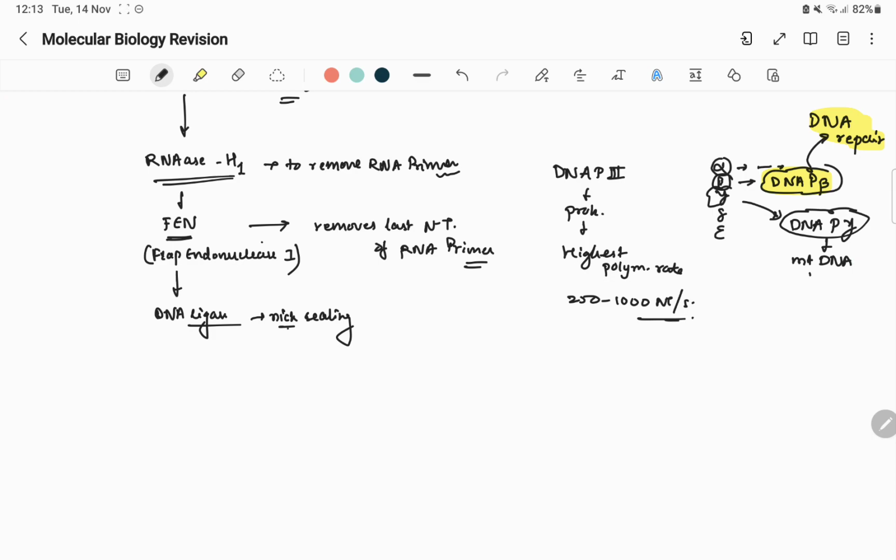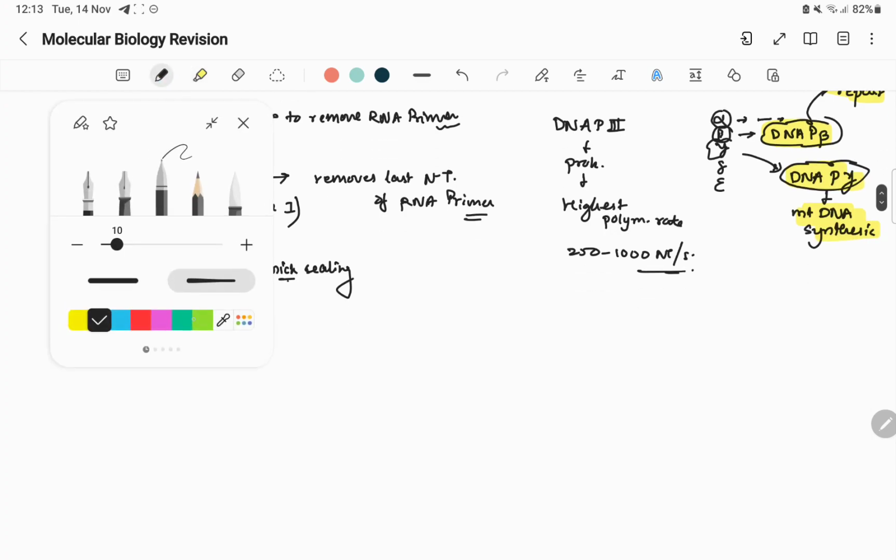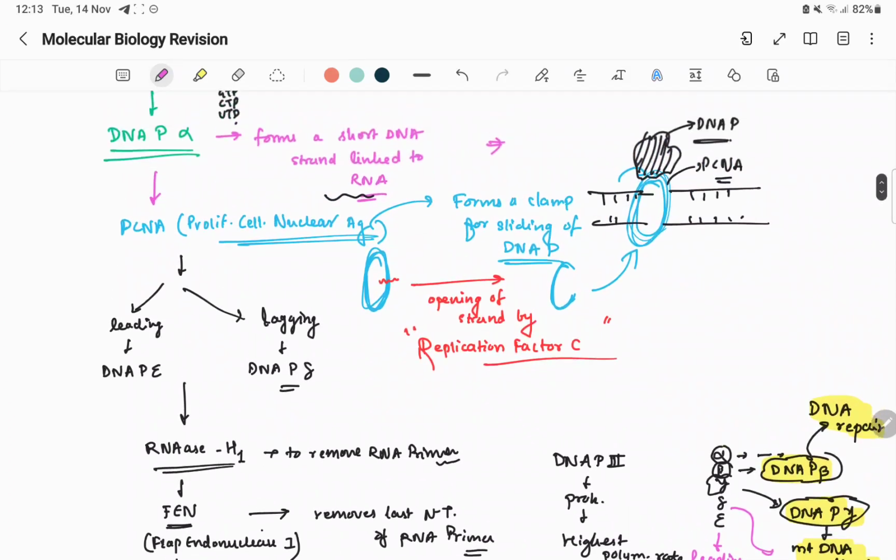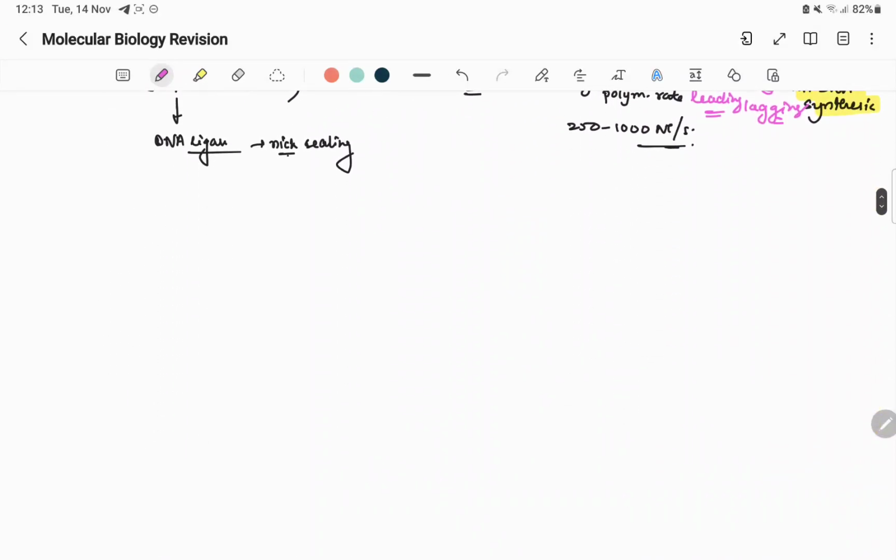Delta acts as the polymerase in the lagging strand, and epsilon acts as the polymerase in the leading strand. Understood? So this completes DNA and RNA synthesis.